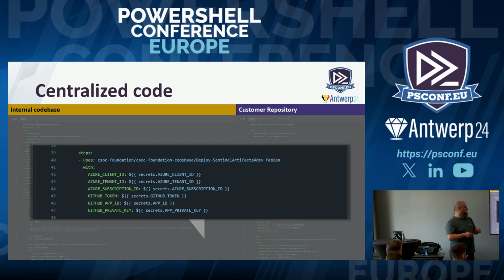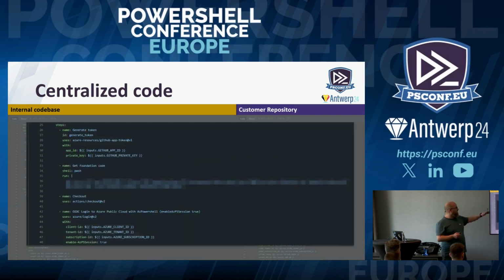And then there's a few pieces of information that I have to provide, like client ID, all that information for authenticating. And on the internal code base side, I now have the actual code. So there I can call the PowerShell and everything. But this is just the reference, so the customer repo references this repo, and we have this central point of update that really makes it easy.